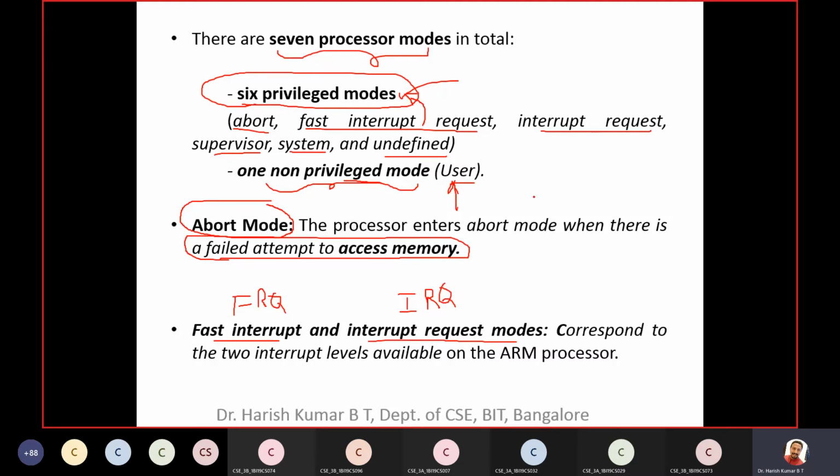When process P1 is executing and is trying to access memory outside its boundary, memory which belongs to another process P2, that is not possible. Then it enters into an abort state. Similarly the other states. I guess you people understood the 7 different processor modes. Yes or no? Yes, sir. Okay.